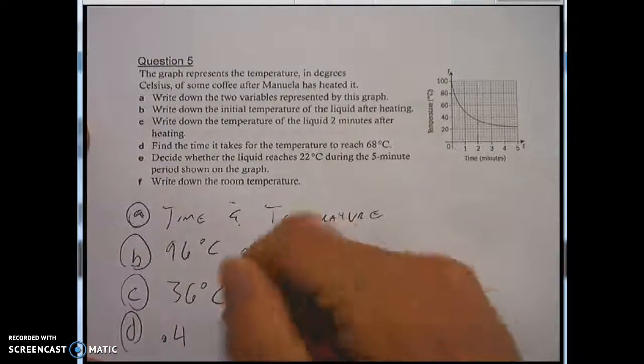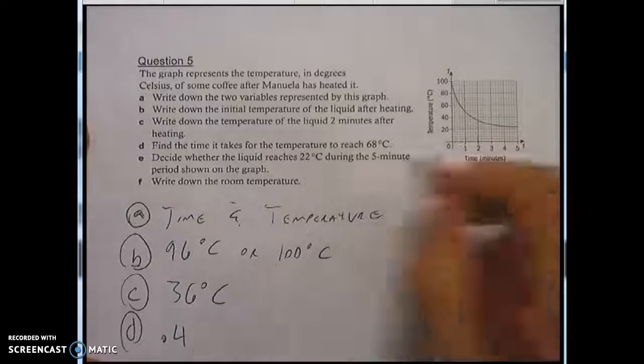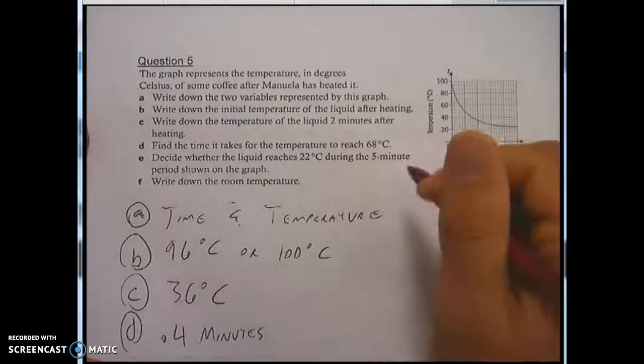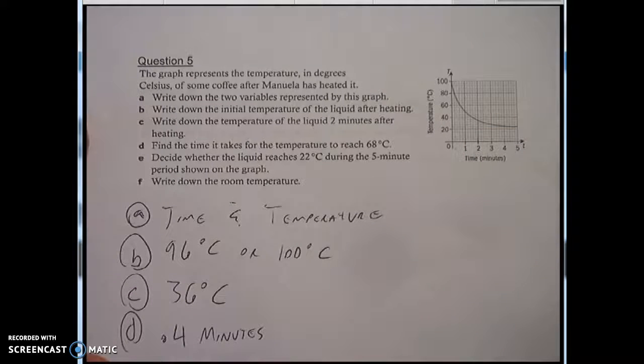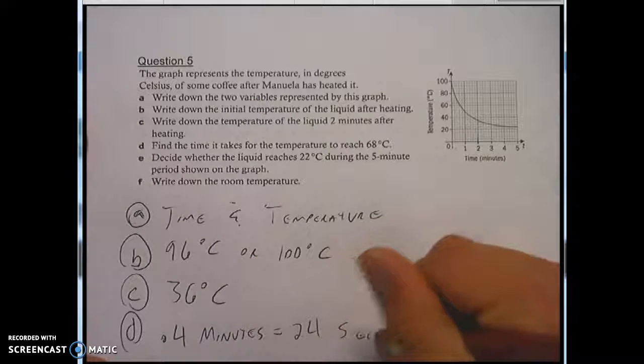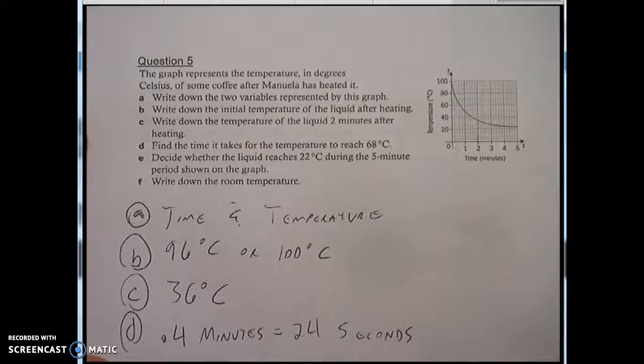That's 2 boxes, and 0.4 times 60 is 24 seconds to reach 68 degrees.